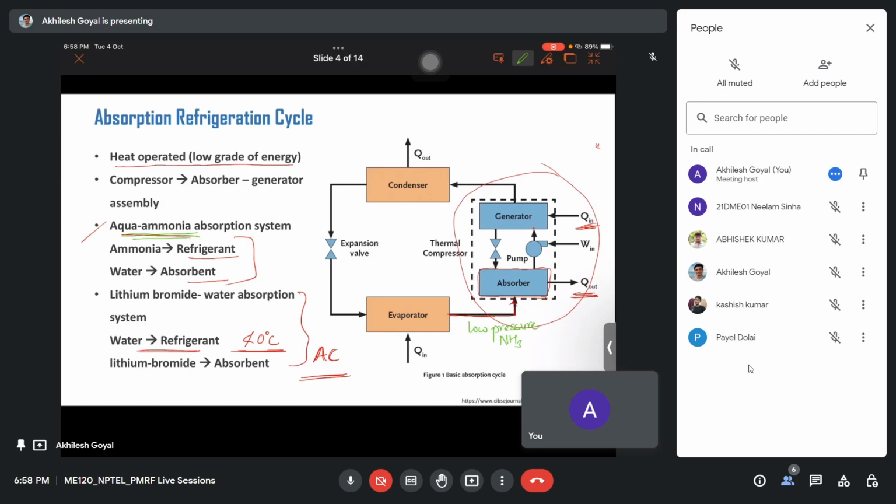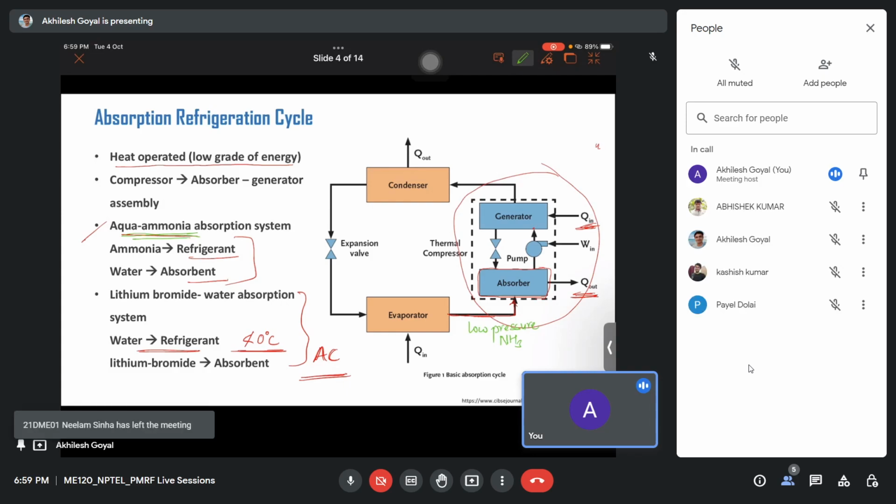The release of latent heat of condensation results in increased temperature of this whole solution, right? So this increased temperature means we need to reject this amount of heat to keep the temperature of the solution in limits. So this latent heat of condensation is given out to the atmosphere by some means of cooling water or something.